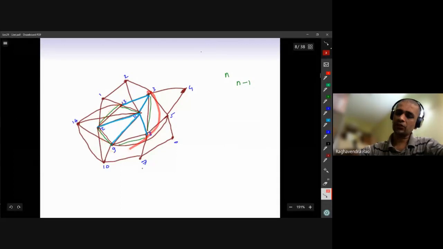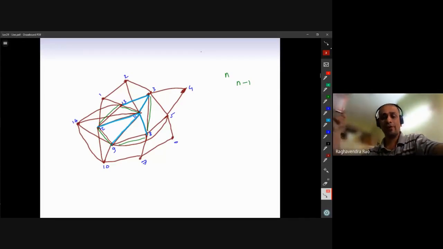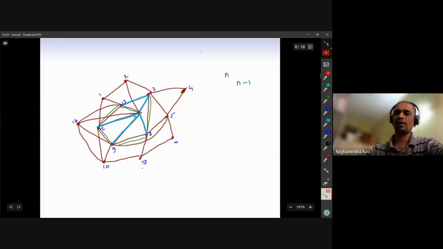So if I'm restricting to A, that is, the set of vertices is the same, I'm not going out of it. If I'm putting edges in B within only those vertices, and I want to exceed the number of edges in A, I am going to create a cycle in B because it's going to exceed this number n minus 1. So my only way is I have to span out.